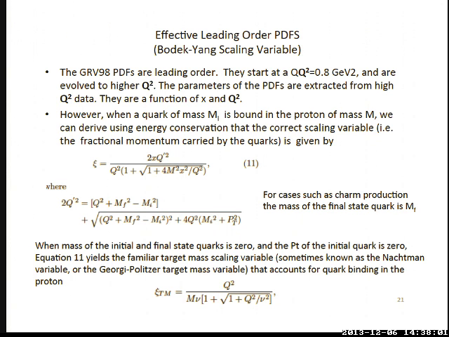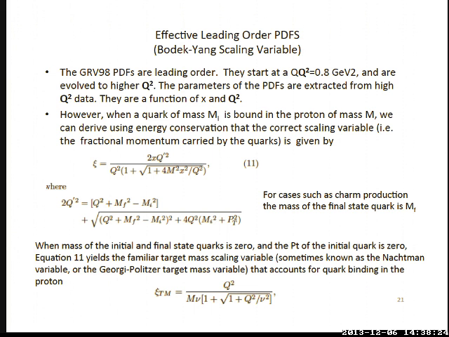We want to use GRV98 because they work for high Q squared, so automatically everything will fit at high Q squared. But x and Q squared are the only variables that work. x is only the fractional momentum carried by the quark at high Q squared. When you go to low Q squared, you can use an energy conservation principle, and I've done it before.